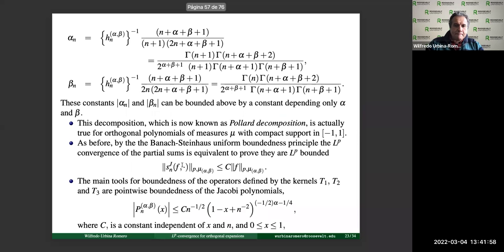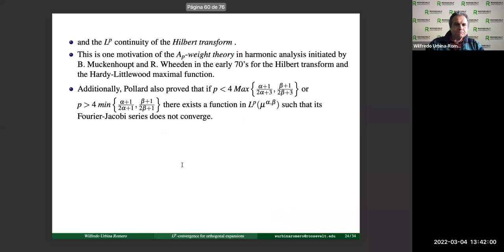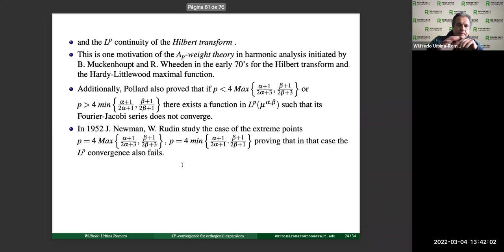Later, Newman, in 1952, Newman and Walter Rudin, by the way, studied the extreme cases. What happens when p is the maximum of these two guys or p is the minimum of these two guys. And in those limit points, the L^p convergence fails.